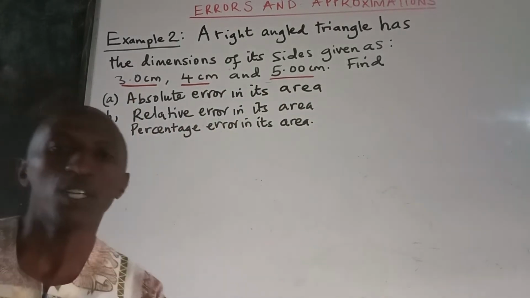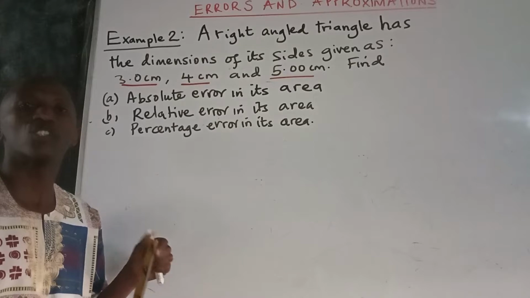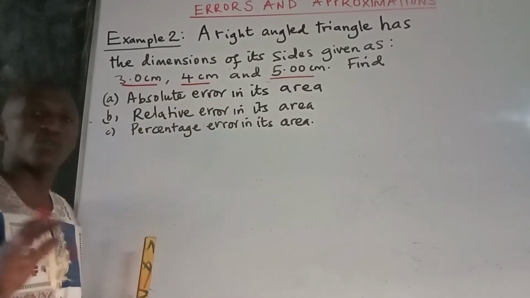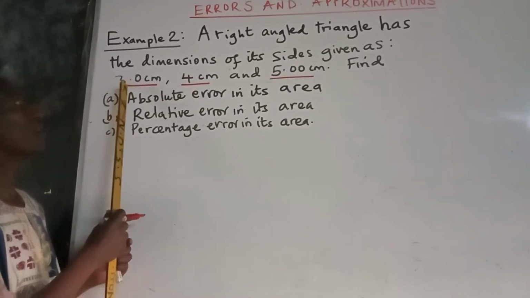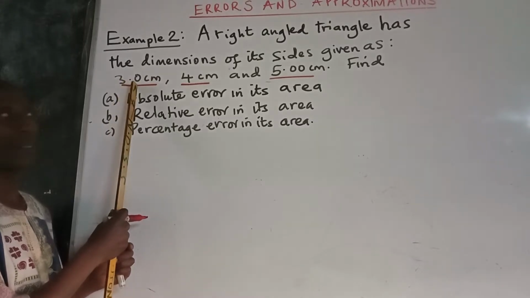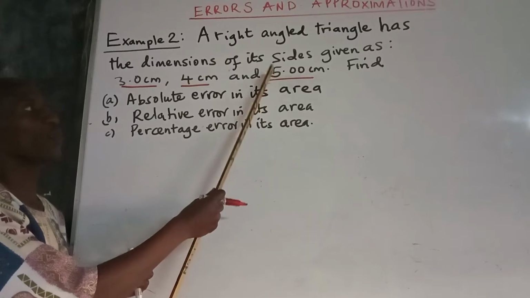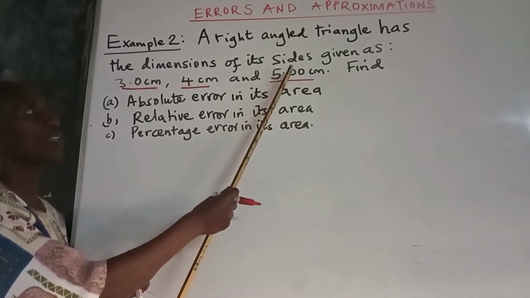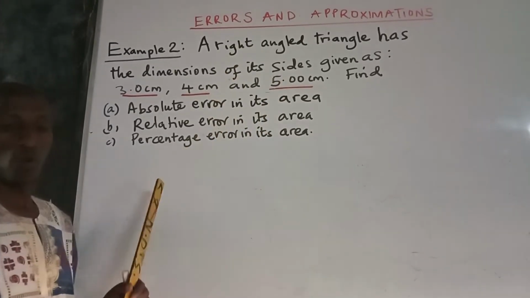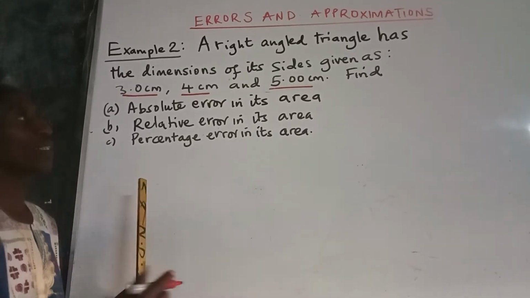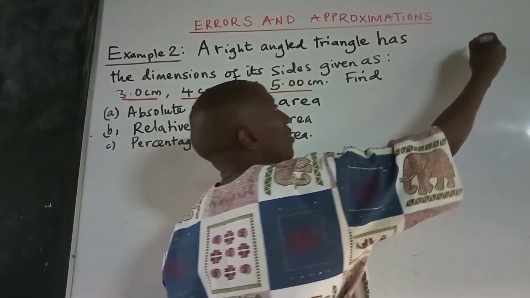Viewers, these measurements are deliberately shown in different accuracies. Here, to an accuracy of 0.1. This is to an accuracy of 1, and here to an accuracy of 0.01.